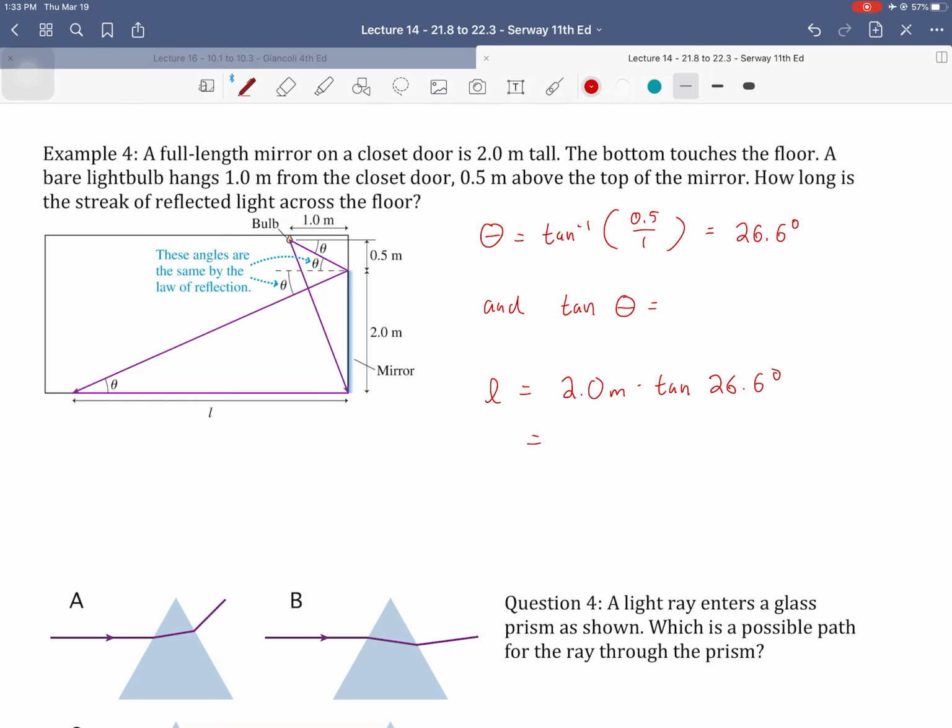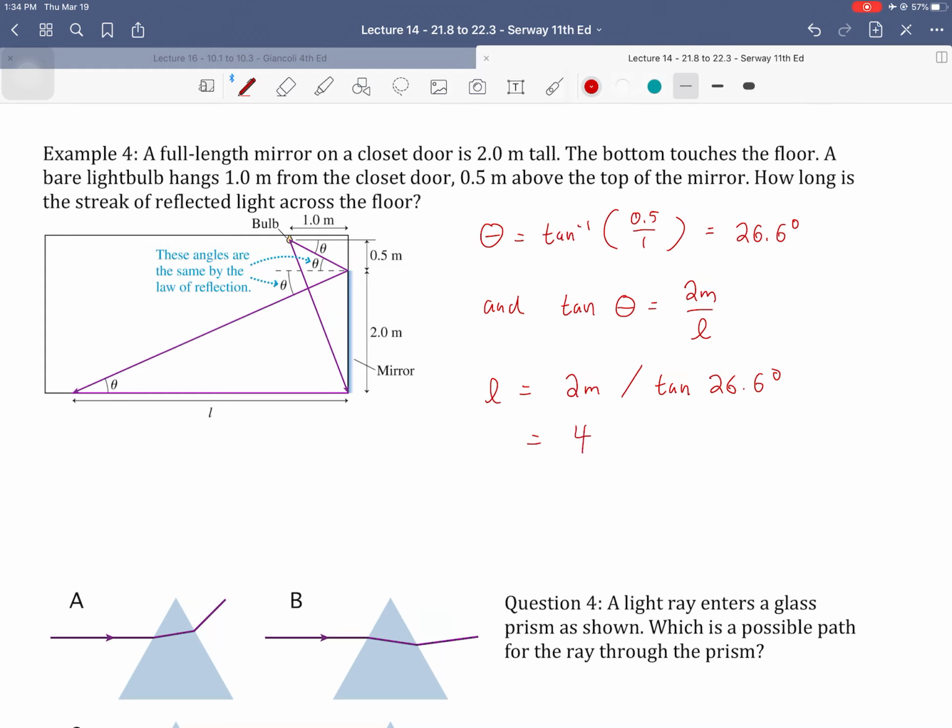Oh, so this is 2 meters over L, which means then we solve for L, and it would then be 2 meters divided by tangent. There, finally. All right.